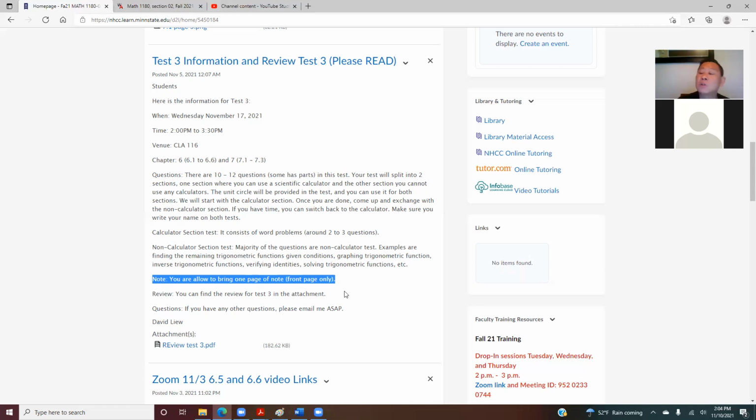So make sure you know this. You are allowed to bring 1 page of notes to this test. It's only the front page, and the size of the paper is going to be the normal size, not a super big size. You can only fill in 1 page, and make sure the back page is blank.